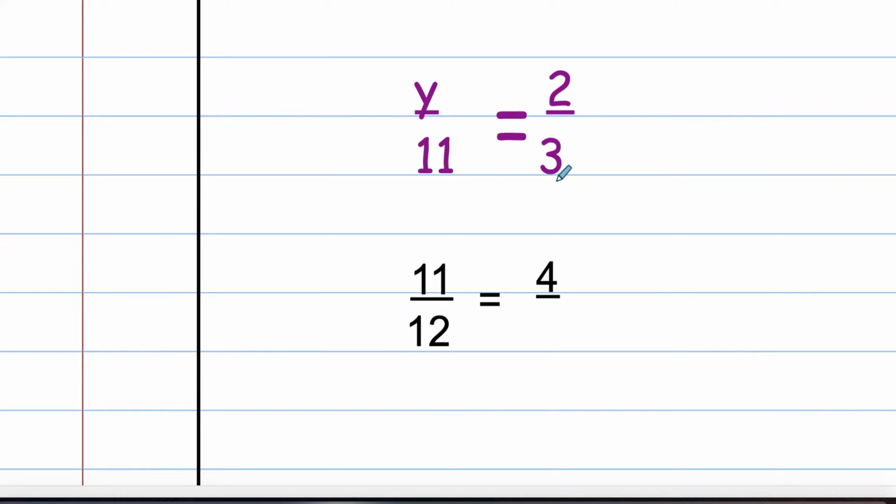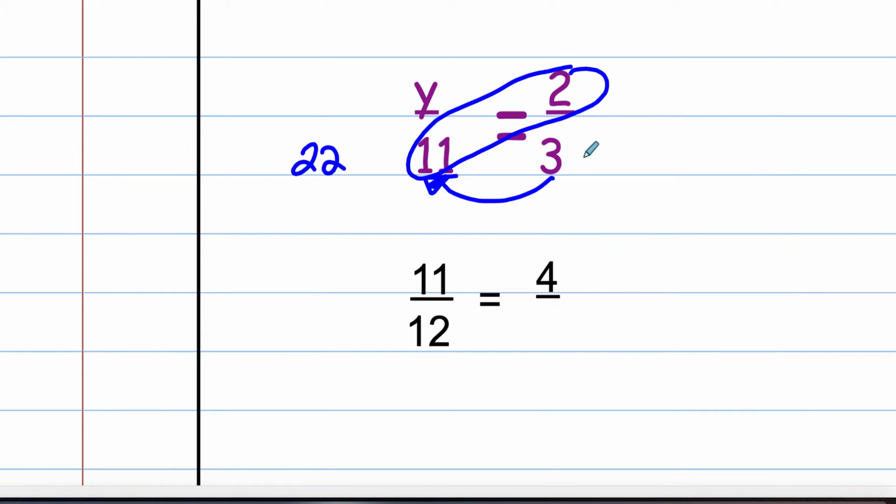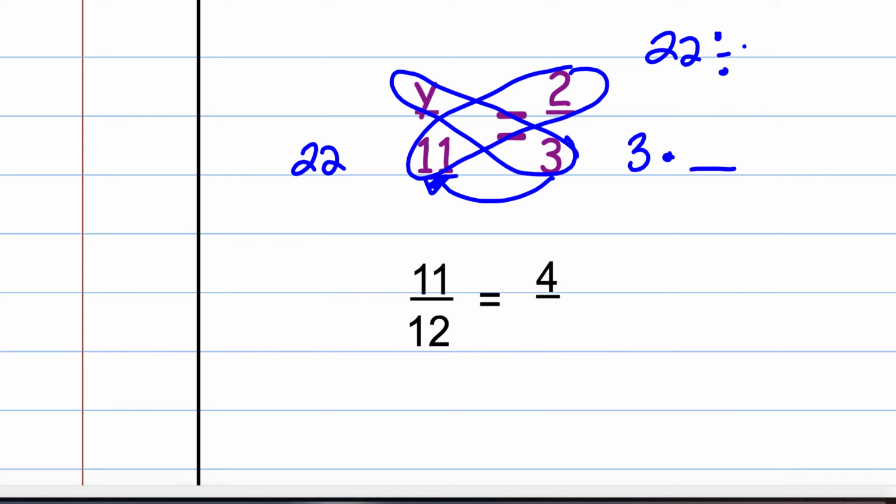Okay, let's take a look. 3, I always check that first. Nope. I cannot simplify, so I'm going to multiply these 2 across. Is a 22. And now I have 3 times this y or blank, so 3 times something has to equal this 22. Well, to find out what it equals, I can take 22 divided by 3.